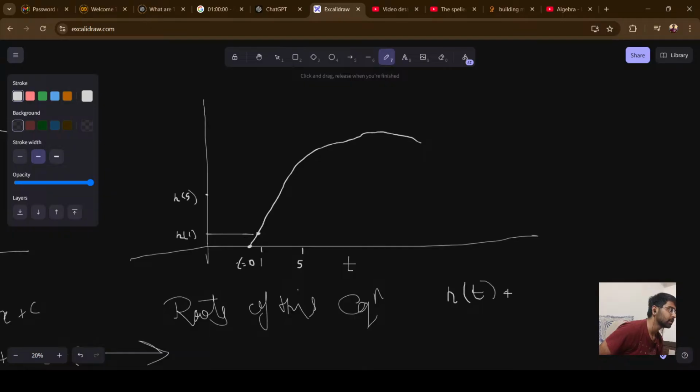Here height at 5 means this is 50 meters, this is 10 meters.